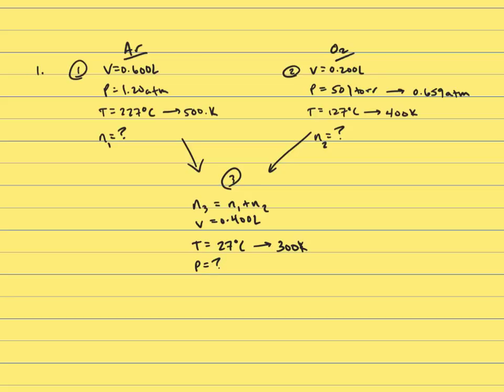So from situation number 1, n is equal to PV over RT. If you plugged all those numbers in, 1.20 atmospheres times a volume of 0.600 liters, all that divided by 0.0821 liter atmospheres over moles times Kelvin, times 500 Kelvin.